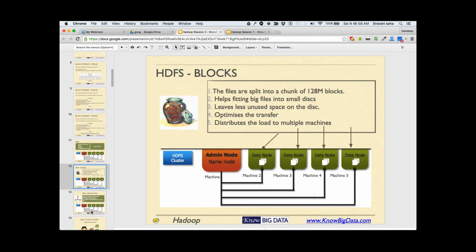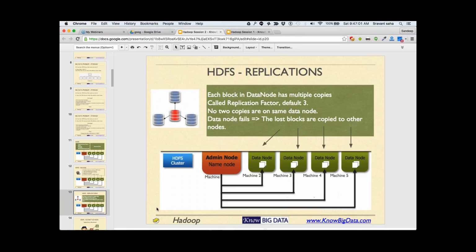Now, each block is copied to multiple machines, so that if any of these machines goes down, you still have the copies left. Using the remaining copies, the data is again brought to the same replication level. The replication factor is by default 3, meaning every block is copied 3 times.